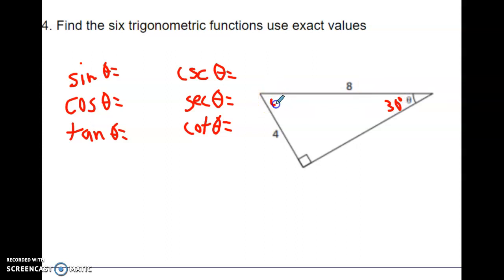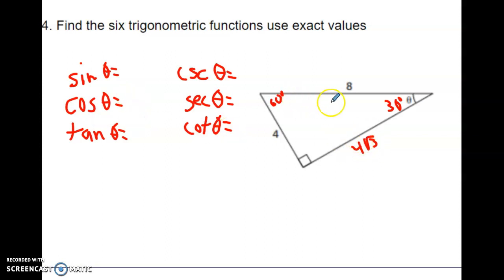So that's going to be really helpful, because then I know that the long side is 4 times the square root of 3. And so there's my third side. Now, if you didn't recognize that, you could have always used Pythagorean theorem and taken 8 squared minus 4 squared to find this value right here. You would have gotten the same answer if you simplify it down to square roots.